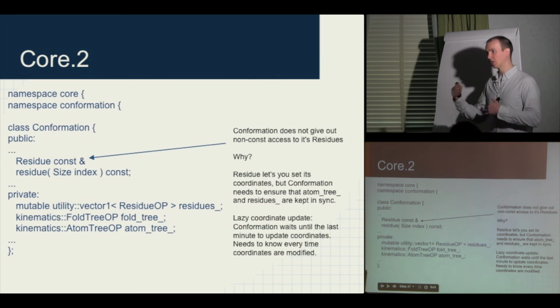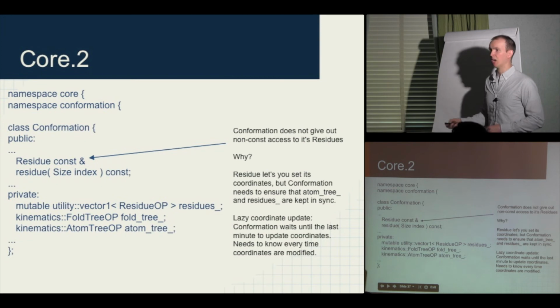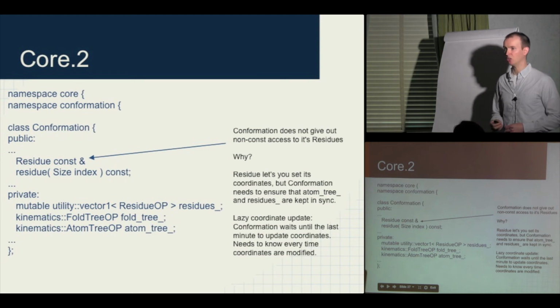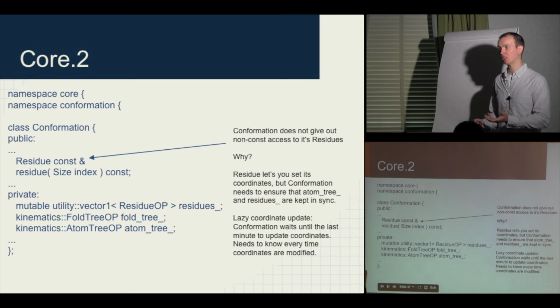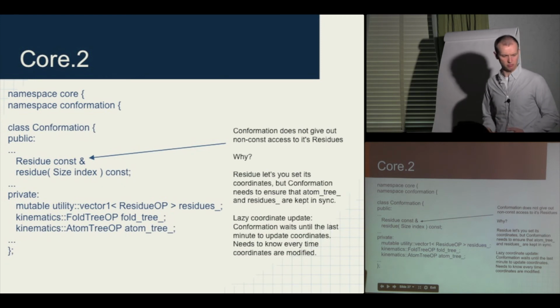So the class may say, I'm going to change my bits. I'm going to flip ones and zeros as is necessary inside a const function, but I'm not going to let you make certain kinds of modifications in a const function. So you can't call set XYZ if you have a const conformation, but you can ask for a residue if you have a const conformation.